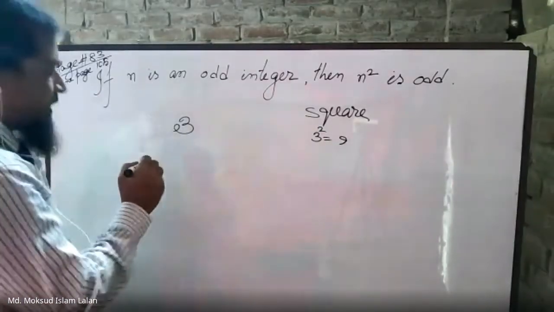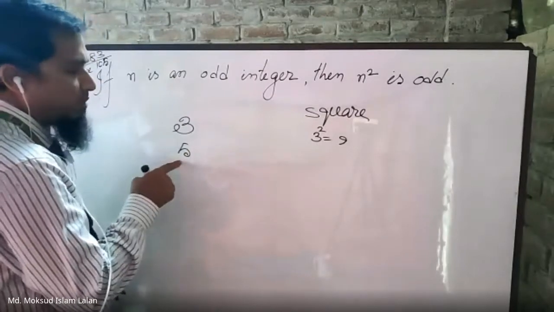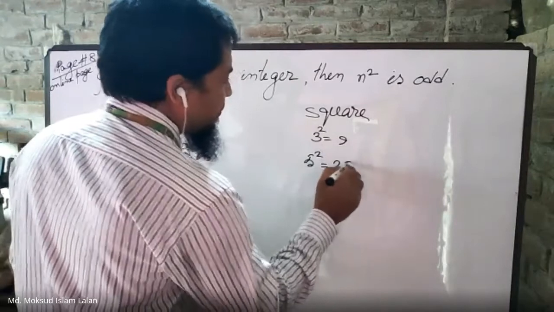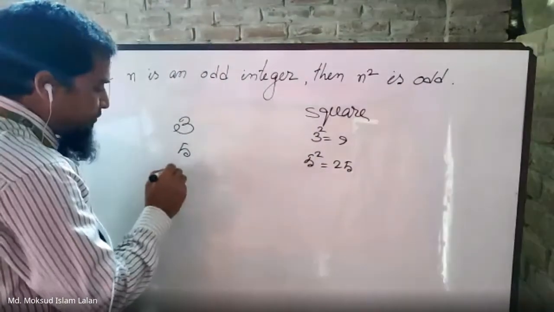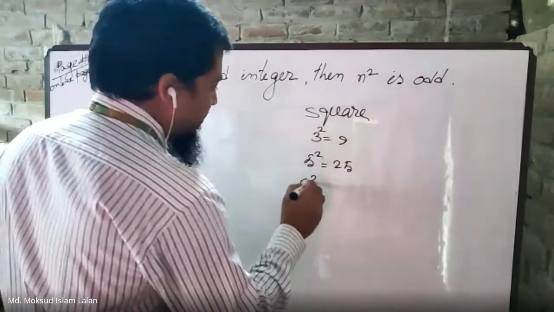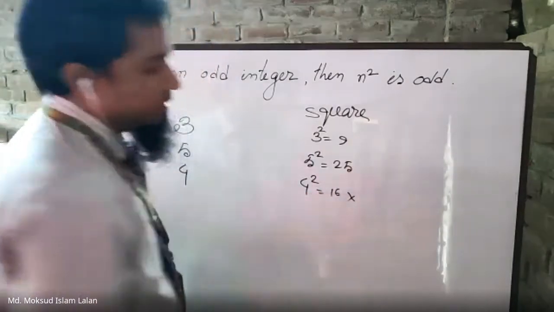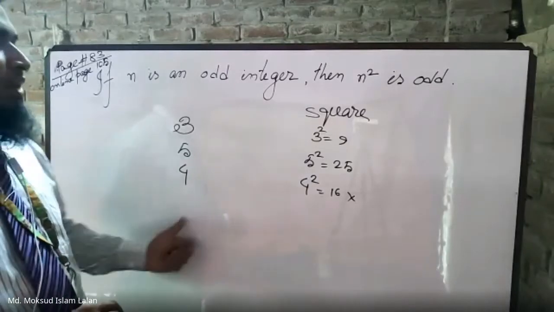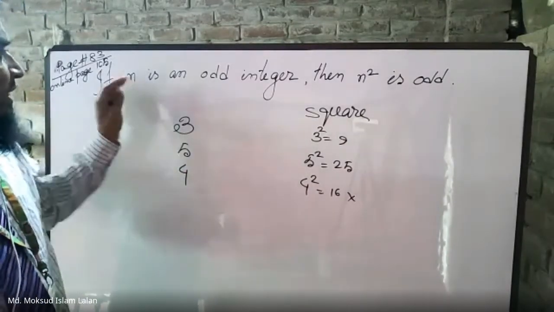If you consider 5, which is an odd number, 5 square is 25, also an odd number, right? If you consider 4, which is an even number, its square is 16, and you cannot say this 16 is odd. Do you understand?